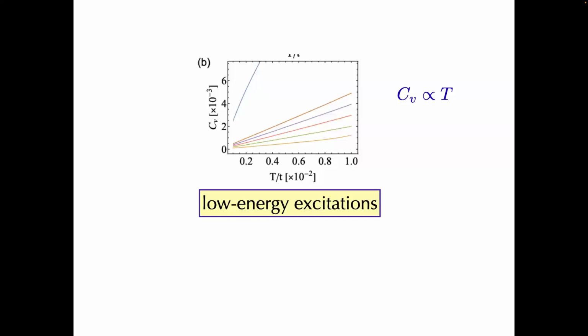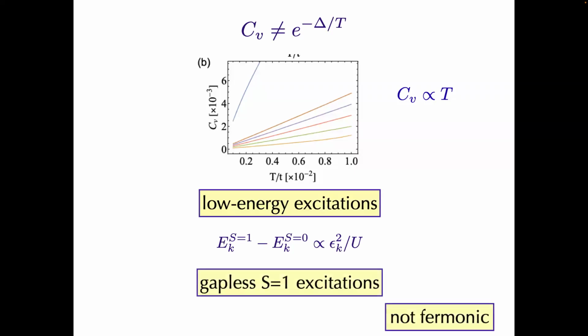Okay, so here's the big drum roll. It's a singlet-triplet: the lowest excitation has spin 1, the ground state is spin 0. And this is scaling like the kinetic energy squared over U. We just simply look at the points where that thing is going to 0, and that's where the gapless excitations are coming from.